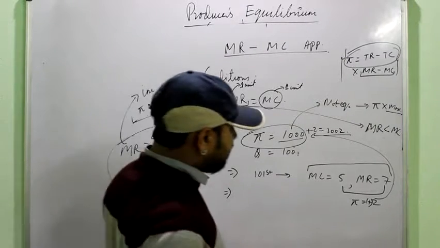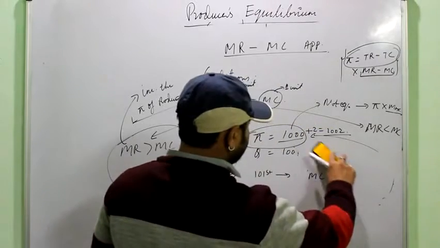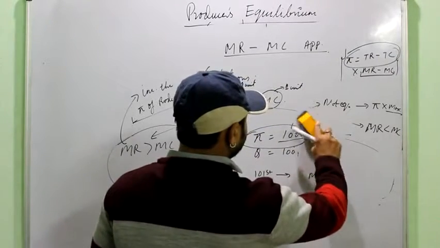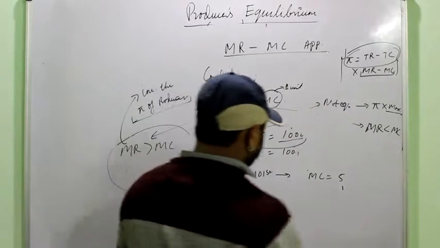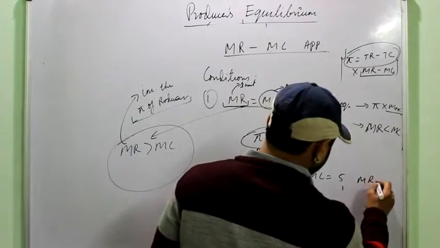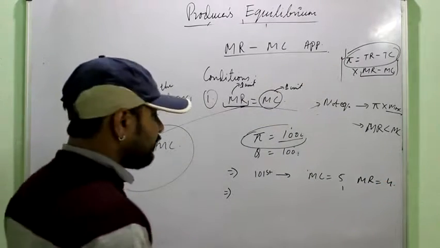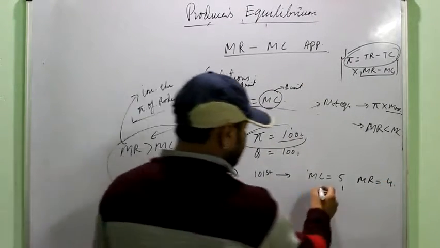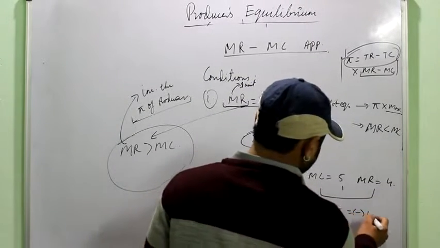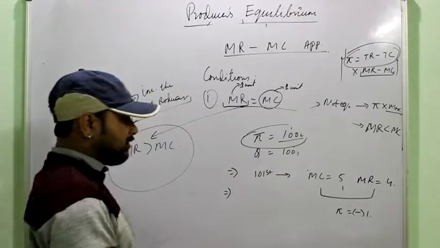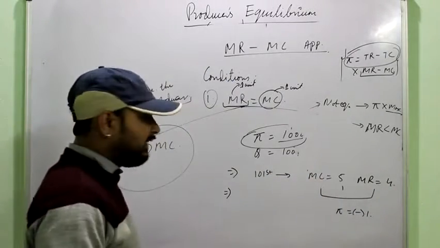Then when we talk about the second condition, say the marginal cost is the same, all things remain the same, but now the marginal revenue is say 4 rupees, right? So now if he produces this unit, he will incur a loss of 1 rupee on it. He will spend 5 rupees in making the unit and he will get only 4 rupees by selling it.